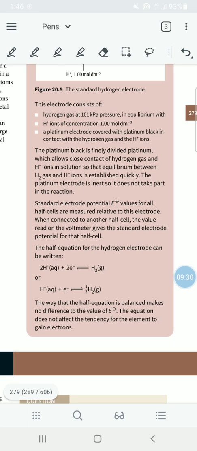Next point. The half equation for the hydrogen electrode is 2H plus aqueous plus 2e minus, reversible sign, H2 gas. I hope you understood this. If you have any questions, please raise them.